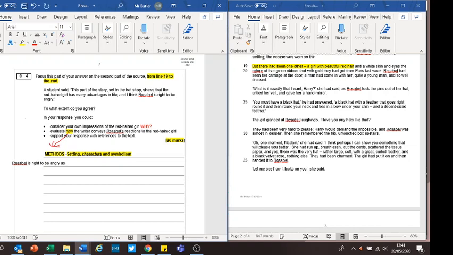So Rosabel is right to be angry as her job is very hard and being surrounded by beautiful things and beautiful people would make her feel very inferior and frustrated.